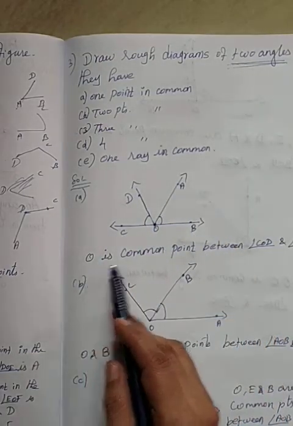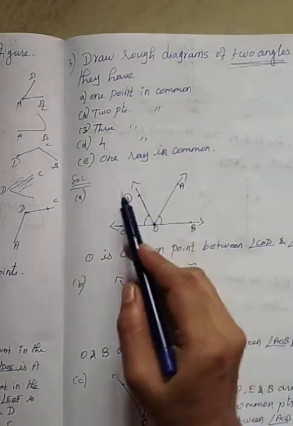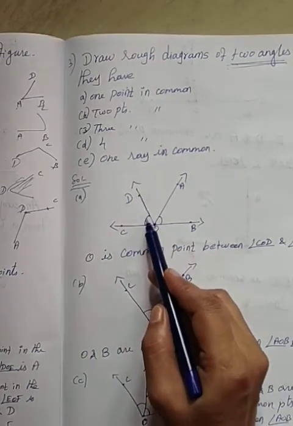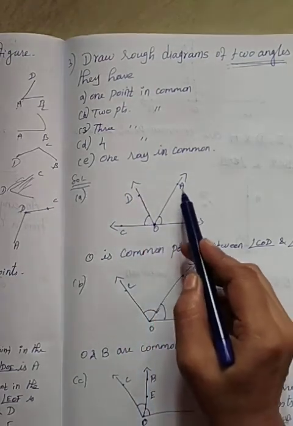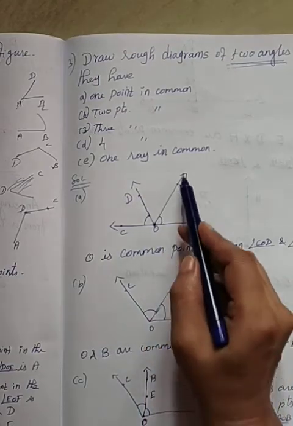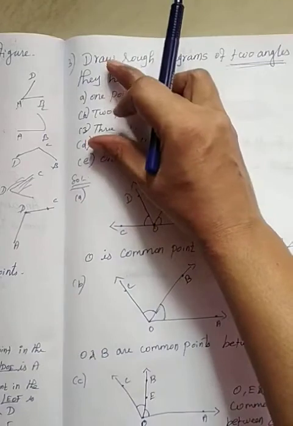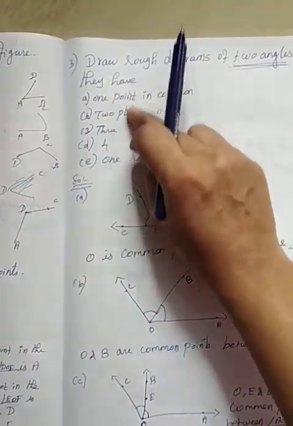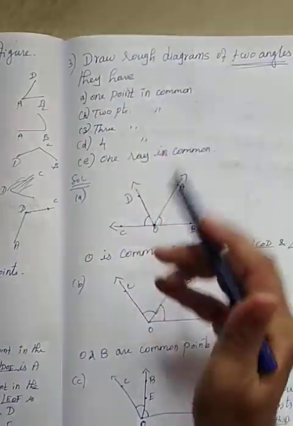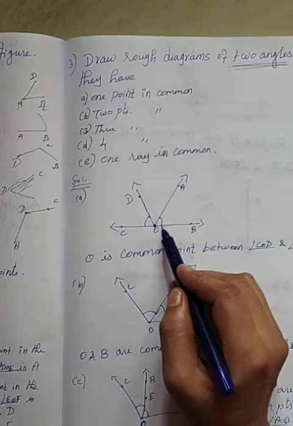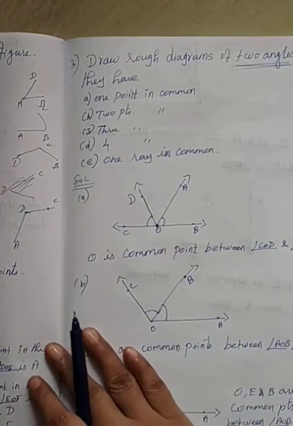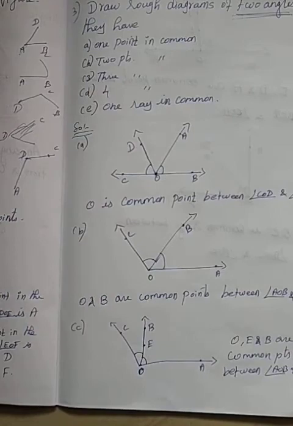So we can write O is the common point between COD. See here, this is one angle, and then AOB. This is another angle. So whatever it may be, 2 angles are common for all these 5 points. That means 5 questions. So we can write this is 2 angles. O is the common point, only 1 point in common.